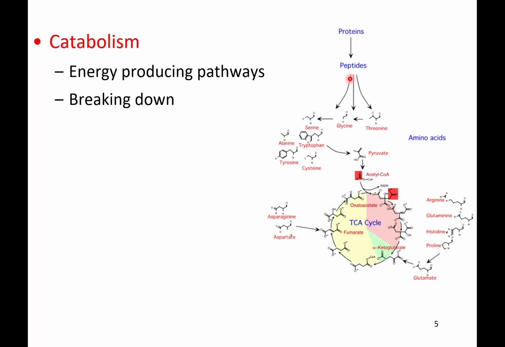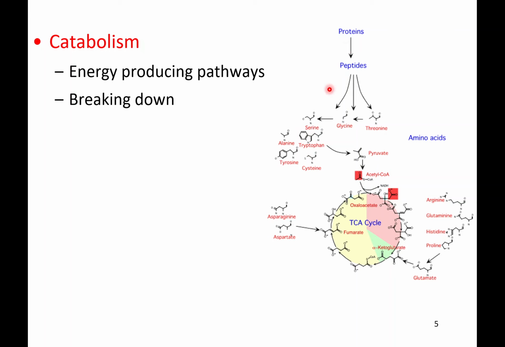You're breaking them down into peptides and then into individual amino acids. Those amino acids can then be broken down further into things like pyruvate, which gets turned into acetyl CoA and fed into the citric acid cycle, which makes energy. So catabolism is energy producing.